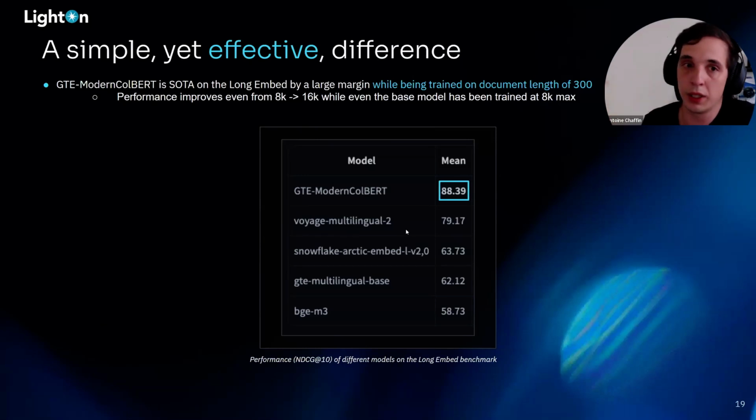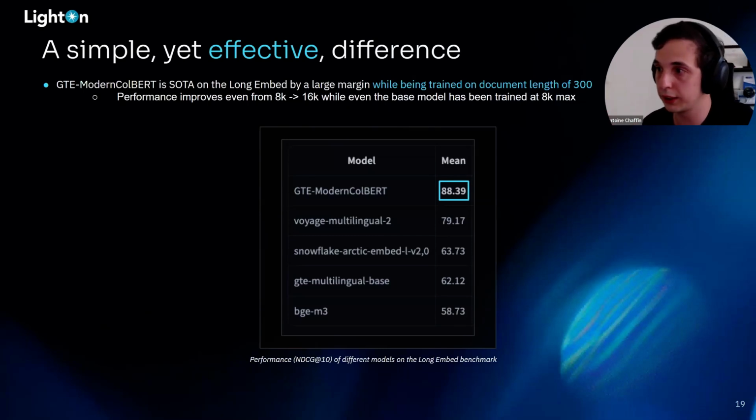And what's even more impressive is that it does so by being trained only on MS MARCO with a maximum document length set to 300. And so in addition to being insanely good at long context retrieval, it does so by only generalizing from short context training. And so training specifically for long context retrieval should maybe noticeably improve the result further.